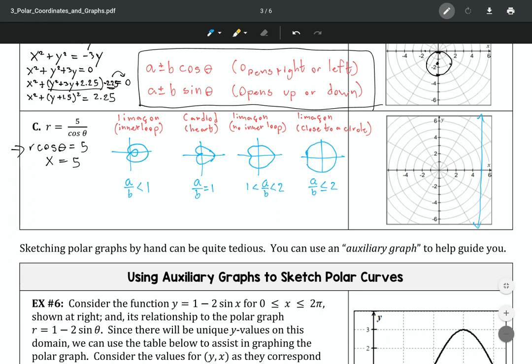Then you have another type of limaçon where you don't have an inner loop, and that happens when A over B is between 1 and 2. And finally, if A over B is greater than or equal to 2, then you have almost a circle, but it's kind of flattened on one side.